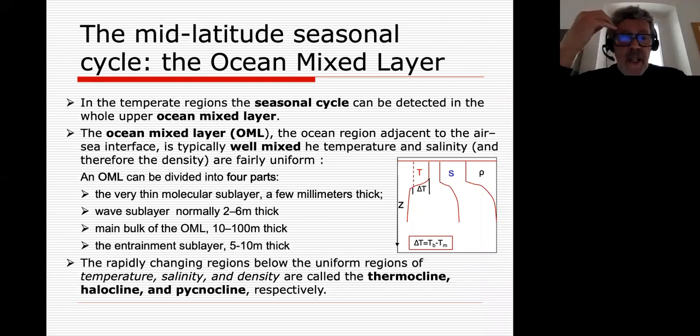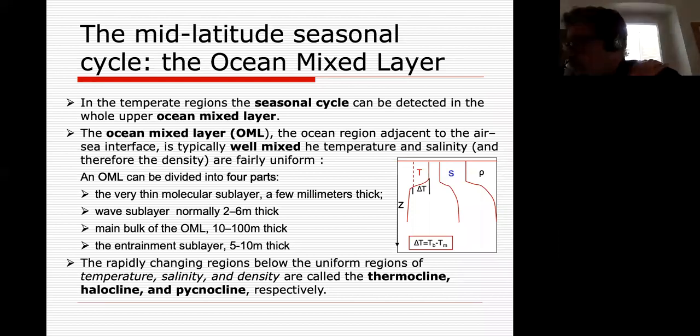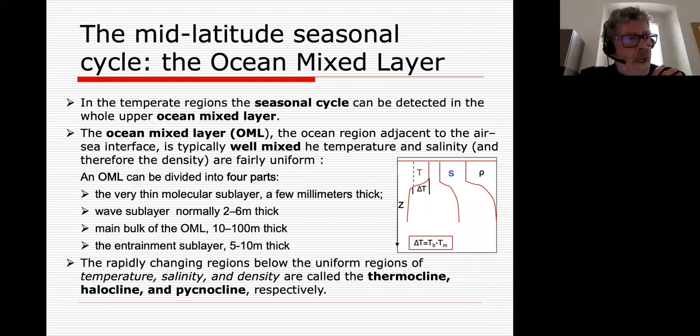The ocean mixed layer is also present in the tropics, but its variability is not governed by the same process as in the mid-latitudes. And the ocean mixed layer is, by definition, the ocean region adjacent to the air-sea interface.